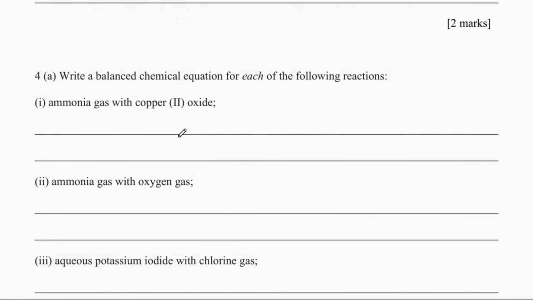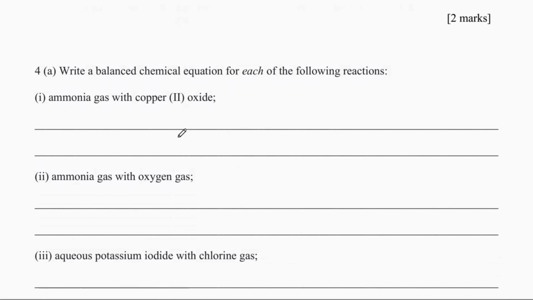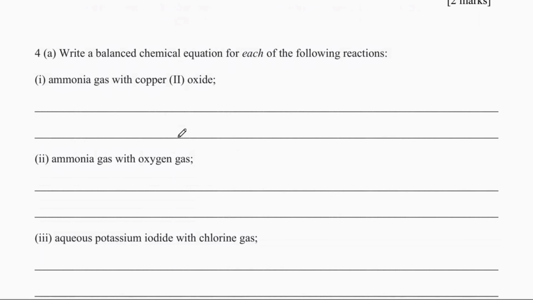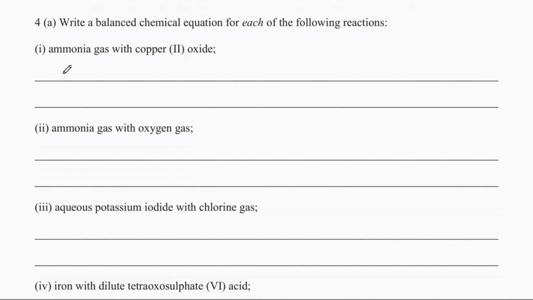The next question is 4A. Write a balanced chemical equation for each of the following reactions. We have ammonia gas with copper 2 oxide. Ammonia plus copper 2 oxide gives us nitrogen gas plus copper plus water.